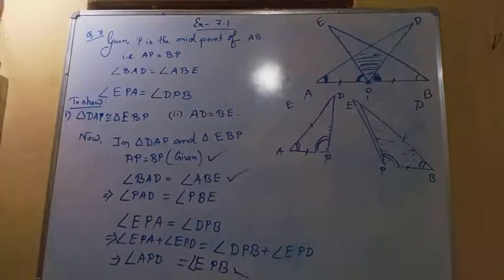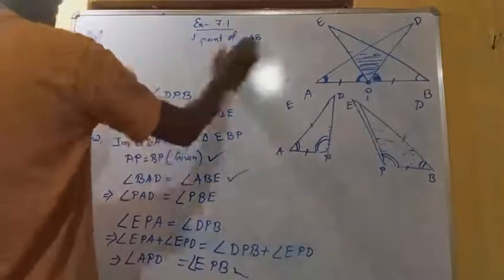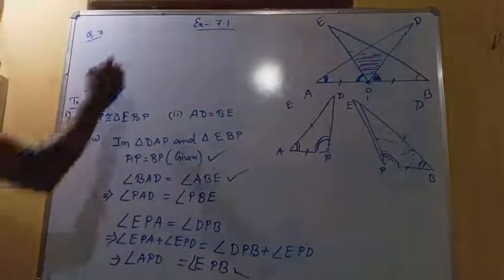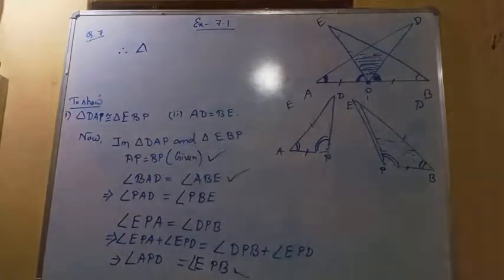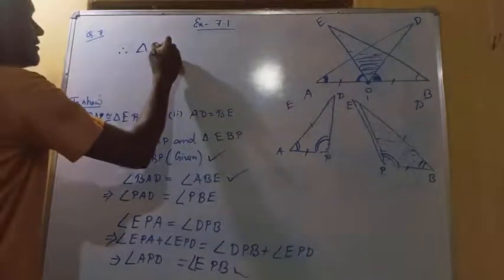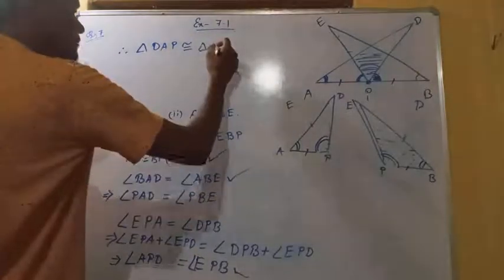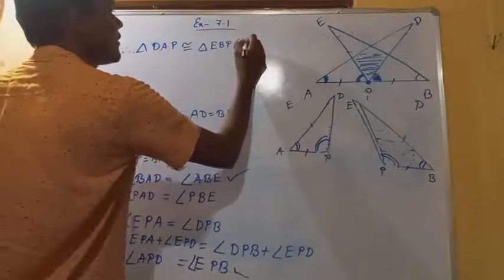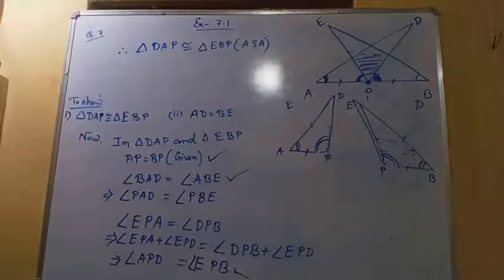So now I can write: therefore, triangle DAP is congruent with triangle EBP, by the angle side angle rule.